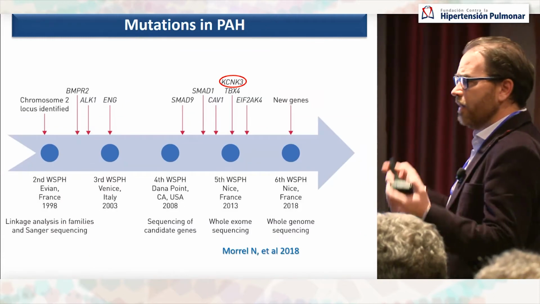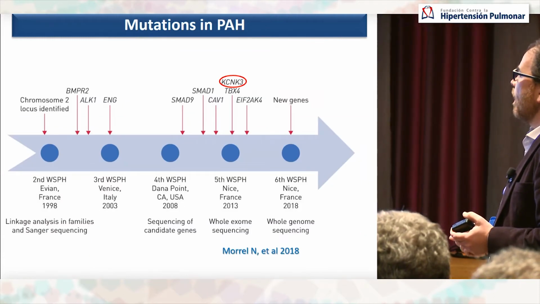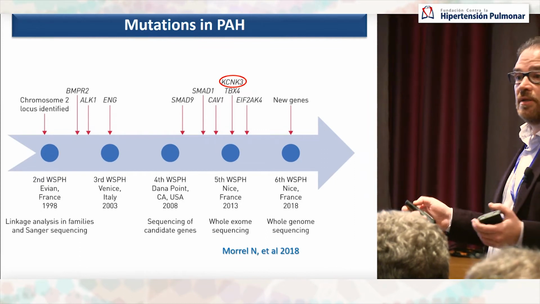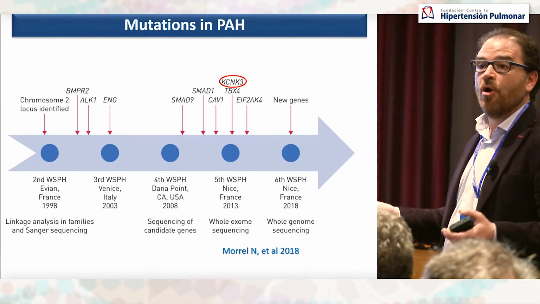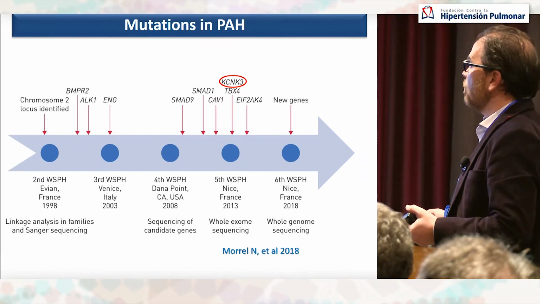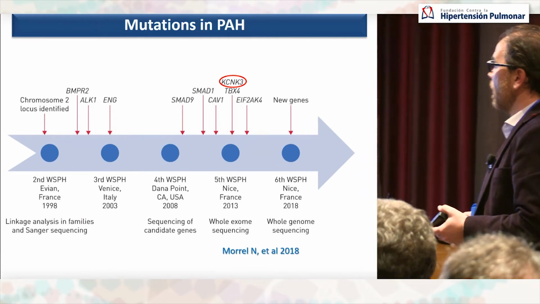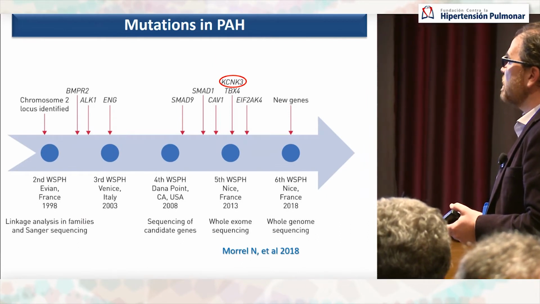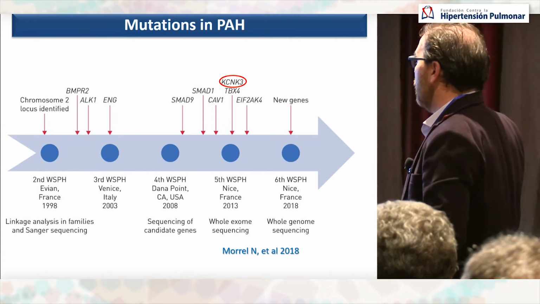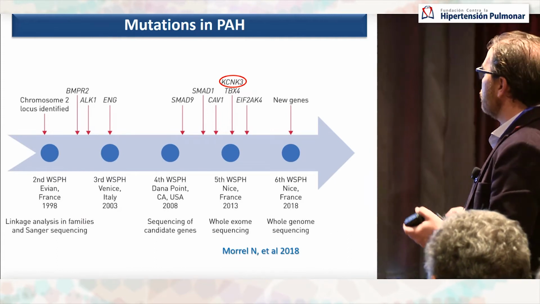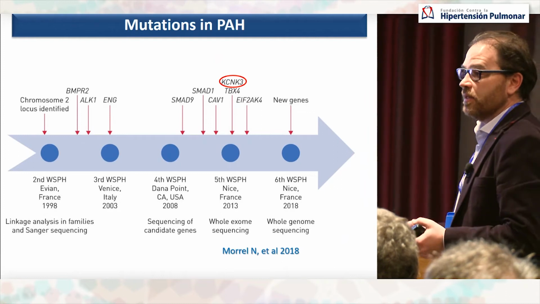But for sure, the confirmation of the role of potassium channels in pulmonary arterial hypertension is the identification of mutations in some particular potassium channels. So as it has been mentioned before, KCNK3, which encodes for TASK-1 channels, was the first channelopathy discovered.